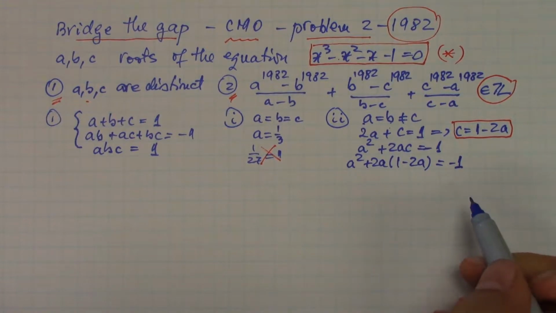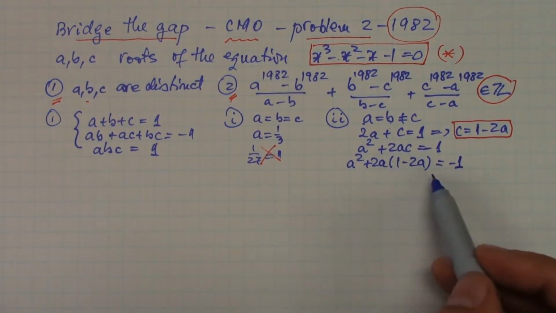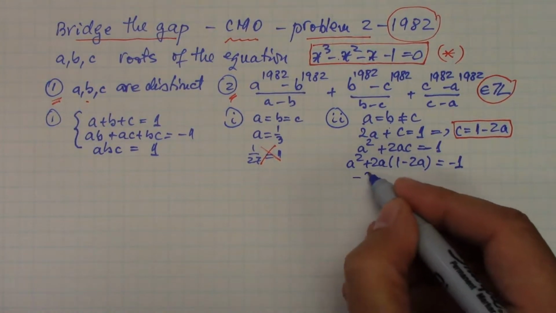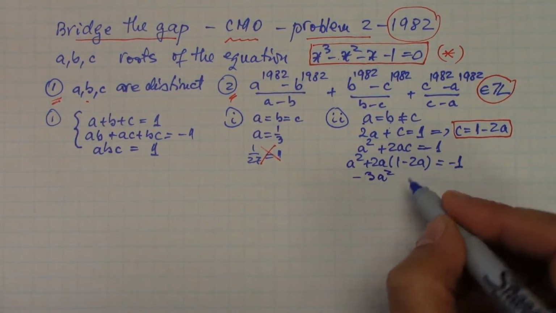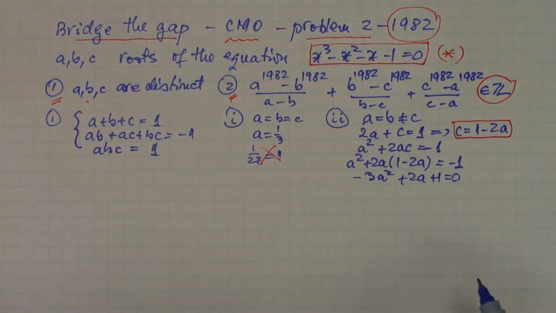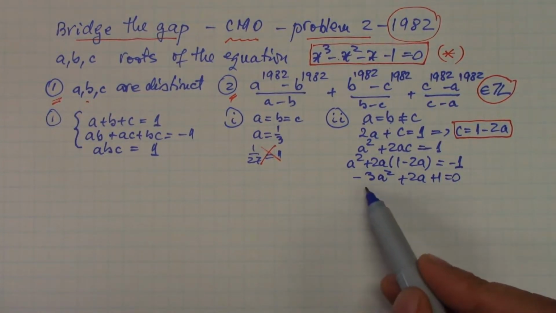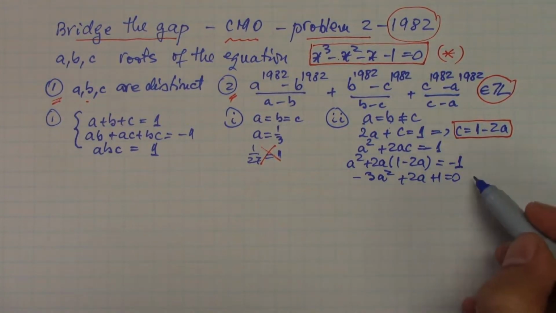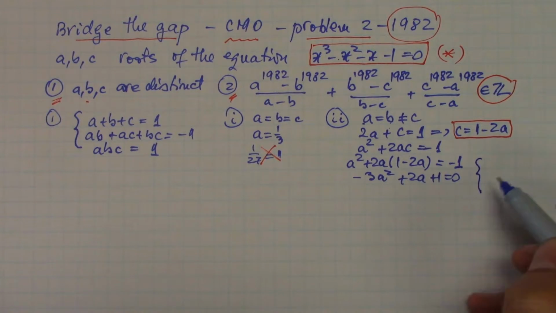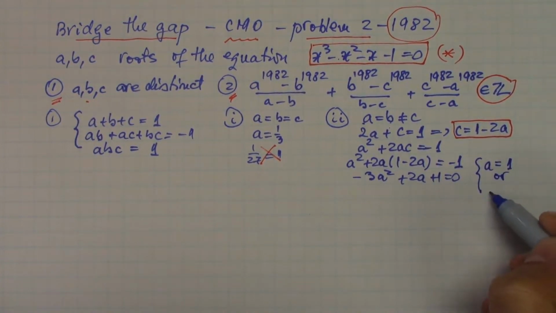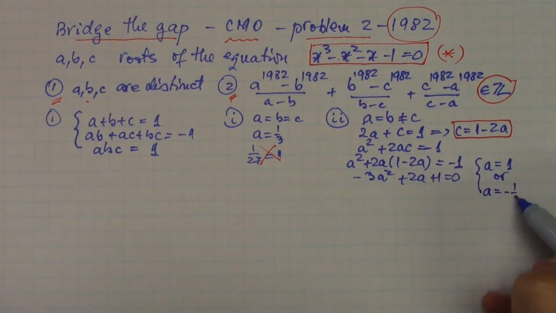Now if we work a little bit on this algebra, we get a squared minus 4a squared, so minus 3a squared, plus 2a plus 1 is equal to 0. We get a nice quadratic equation that we can easily solve. What we get is that a is equal to 1, or a is equal to minus 1 over 3.